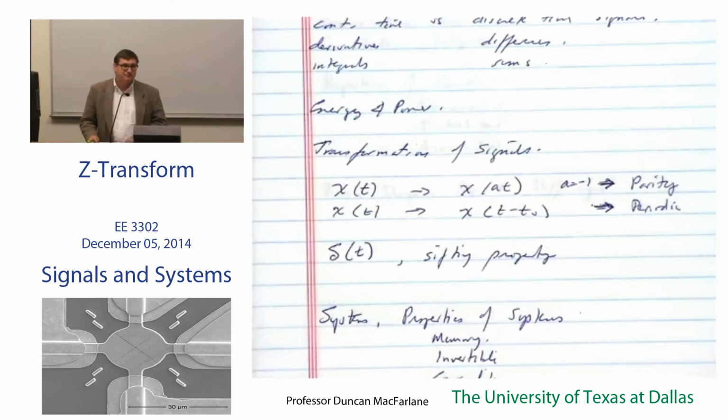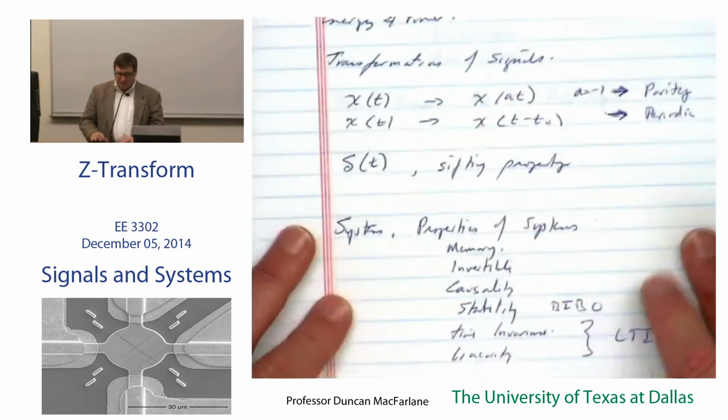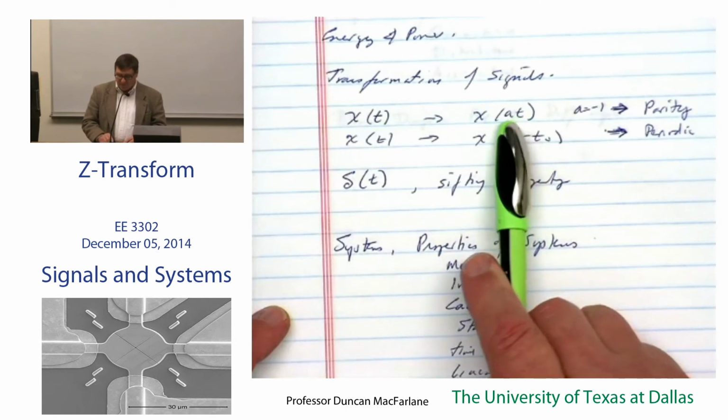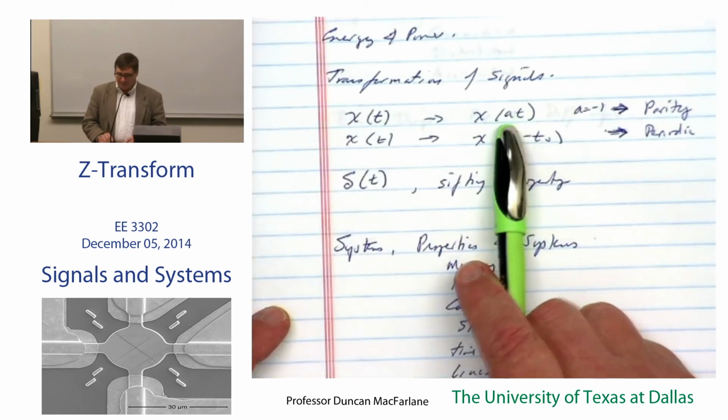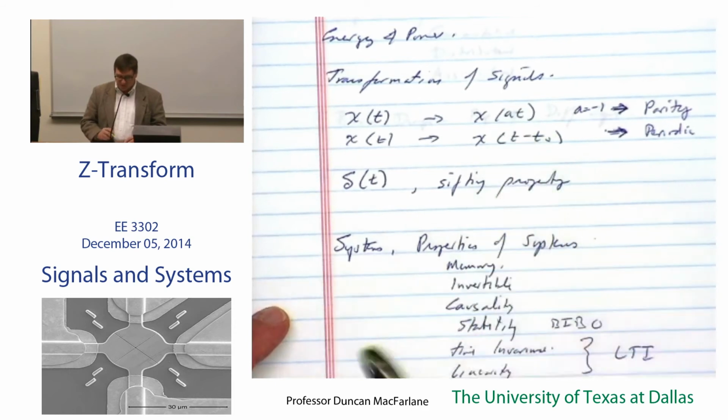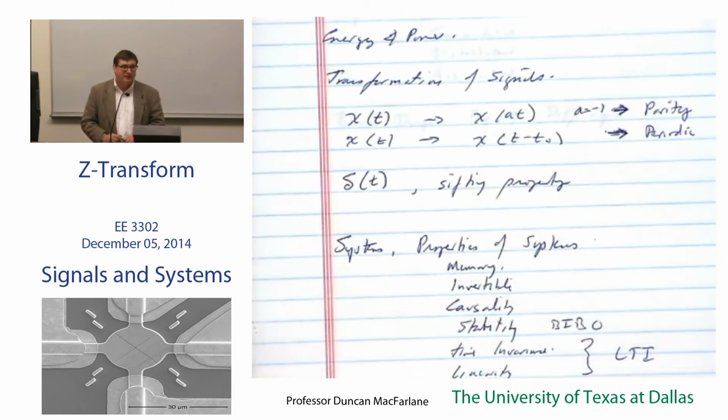Energy and power. Transformations of signals. How do we get more out of a sine wave? How do we get more out of a delta function? How do we get more out of a step function? We can do scaling in time and shifting in time. Those are two main manipulations, transformations.